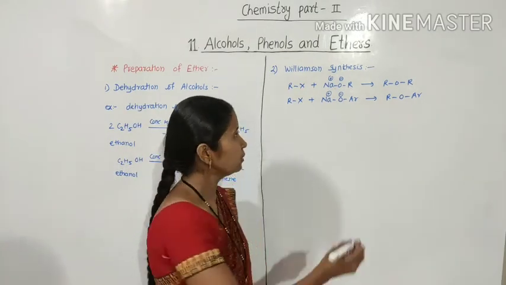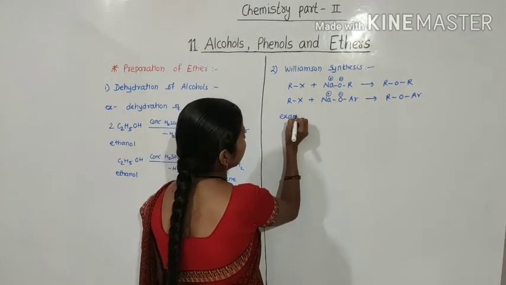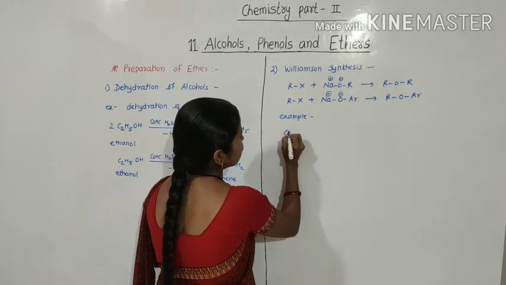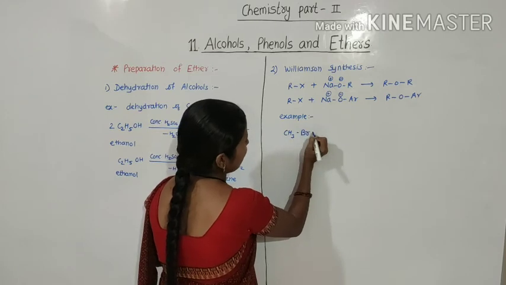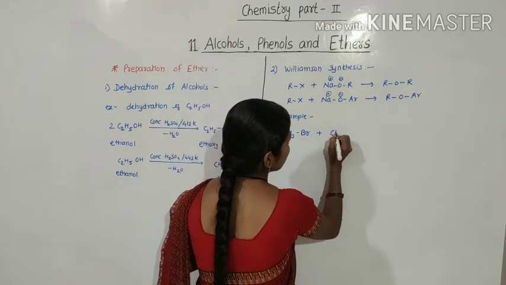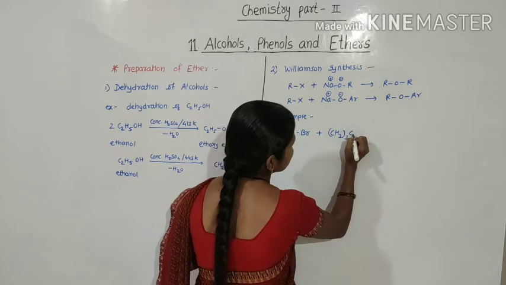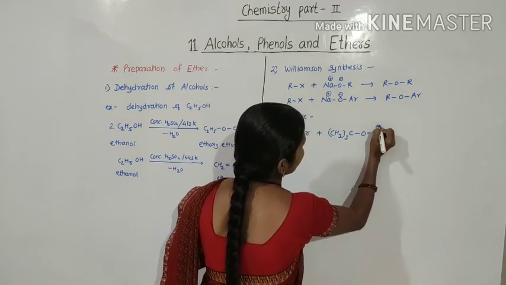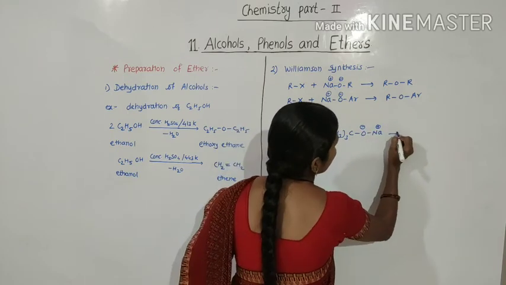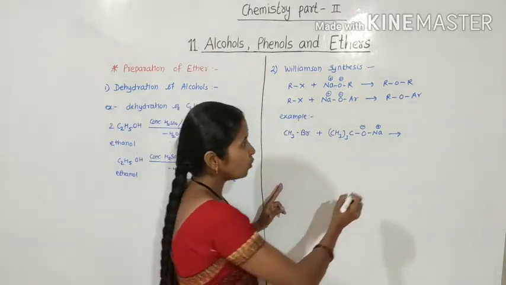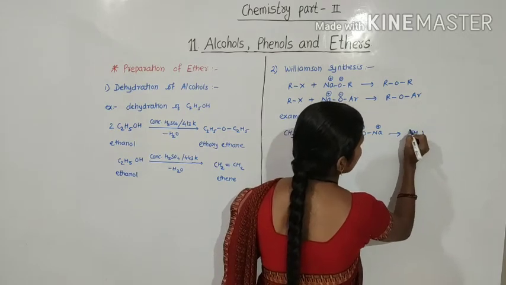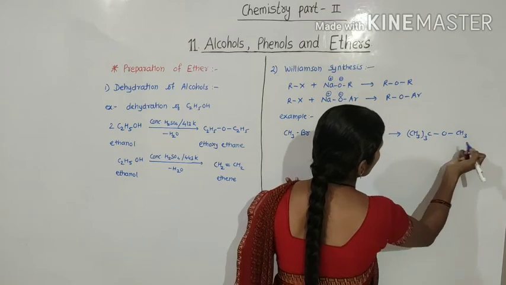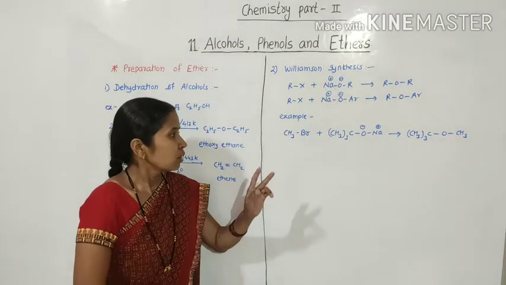This is the general equation of formation of ether. Let's see the example. CH3-Br plus (CH3)3C-O-Na gives (CH3)3C-O-CH3.